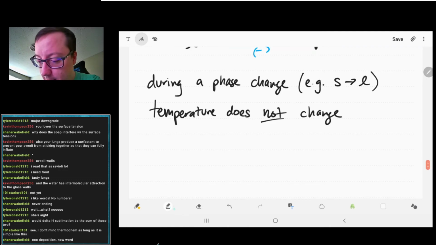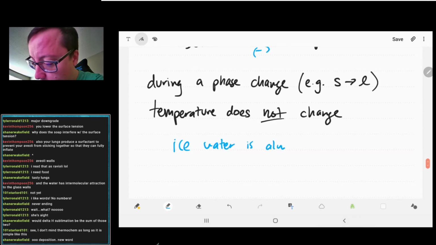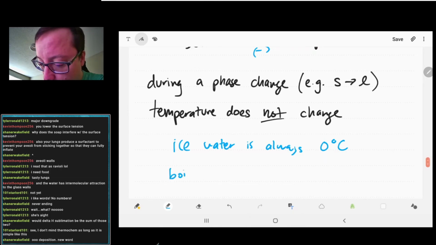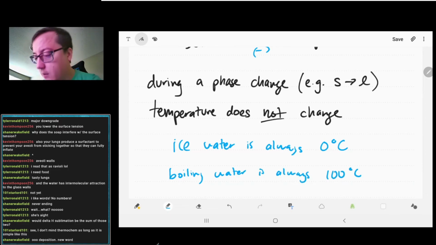So this means, for example, ice water is always 0 degrees, and boiling water is always 100 degrees. You know, of course, these would change with pressure and stuff, but we'll just say it. If you have 1 drop of water and all that ice, the temperature of that mixture would be 0 degrees.